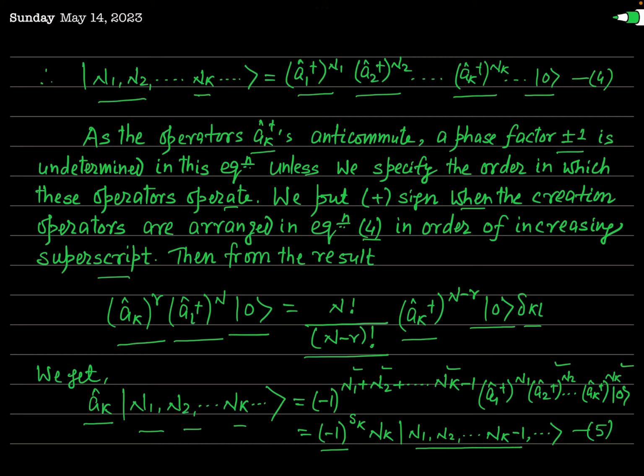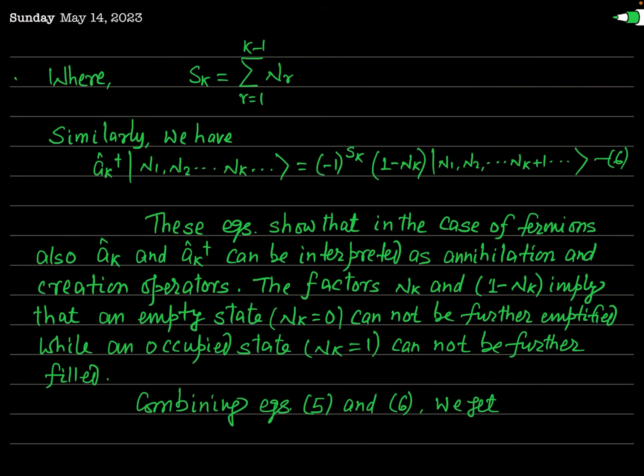Here sk is written in place of the sum of n1, n2, and so on up to nk minus 1, so sk is the summation over r from 1 to k minus 1 of nr.